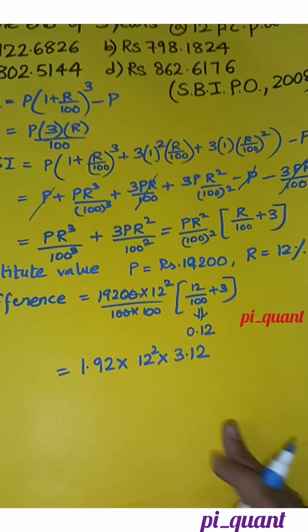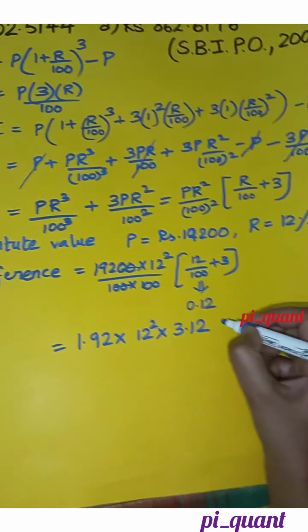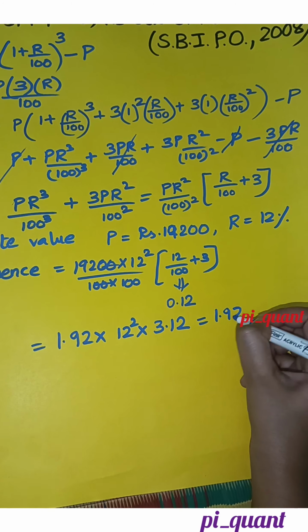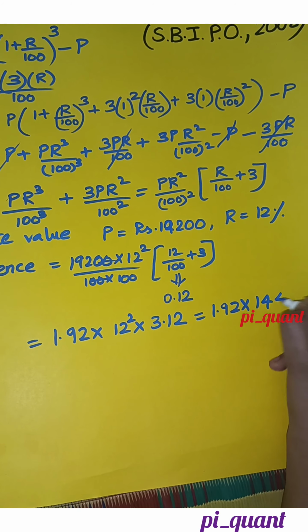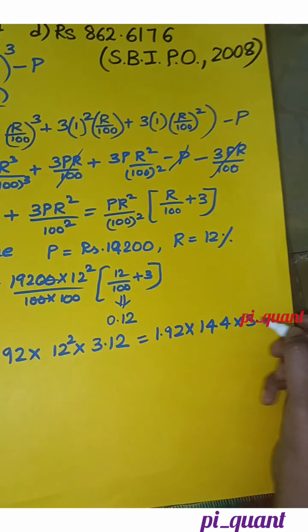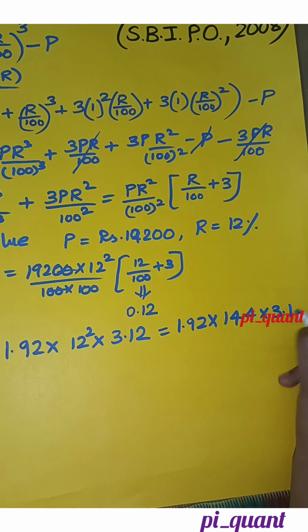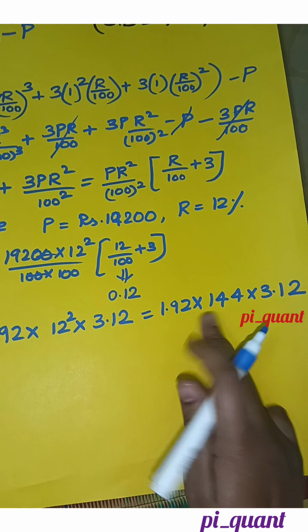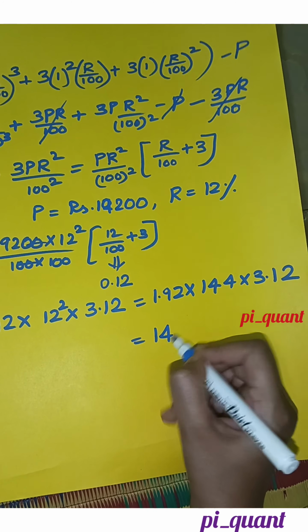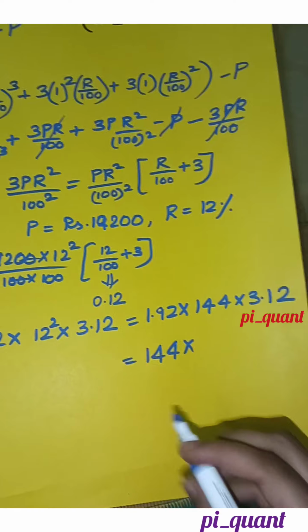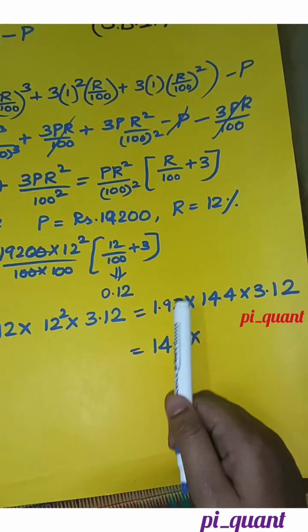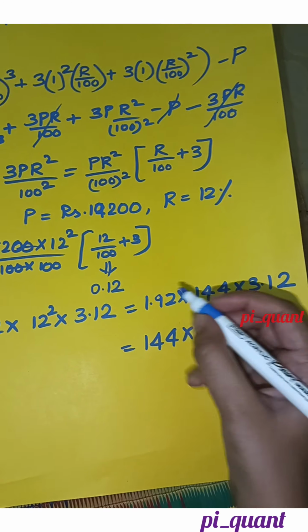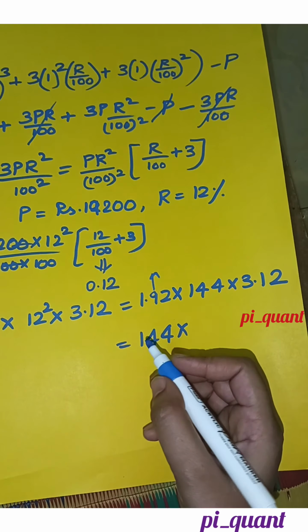So here is the trick to solve this huge number. That is, we take approximation here. 12 square is nothing but 144, plus 3.12. So here, this is 144. We'll keep it as 144 itself, and here 1.92, as it is nearer to 2, we are going to increase this value by 0.08.